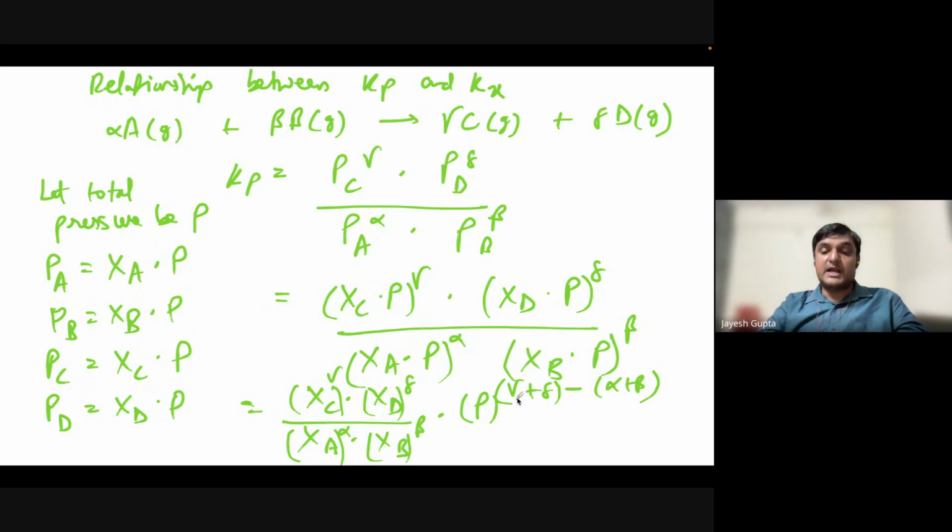And this gamma plus delta minus alpha plus beta is nothing but delta ng. So in place of this, you can write Kx into P to the power delta ng.